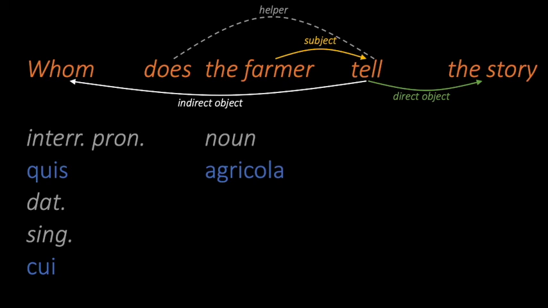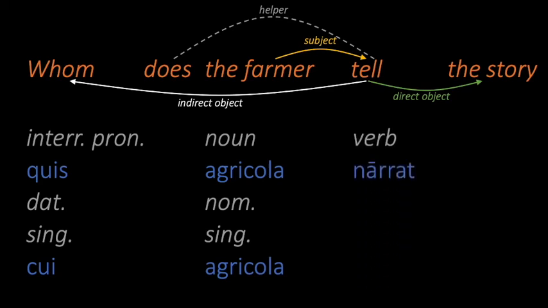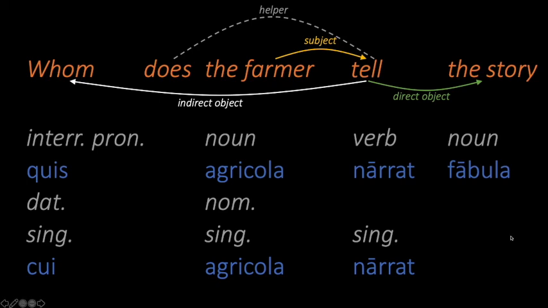As the subject, it should be nominative, and it is singular, so we can leave it as is. Does tell is a verb, and the Latin for it is narrat. The subject is singular, so we can leave the form as narrat. The story is a noun, and the Latin for it is fabula. Since it is the direct object, we need the accusative case, and it is singular, so the form is fabulam.